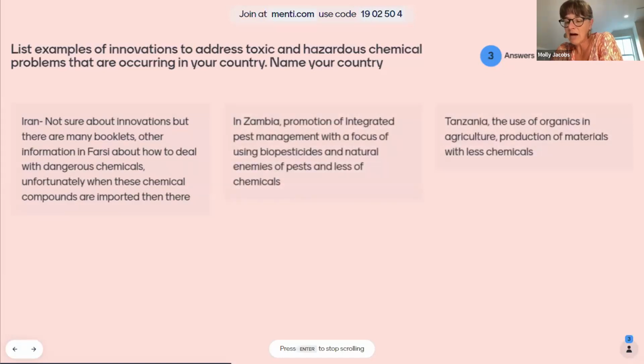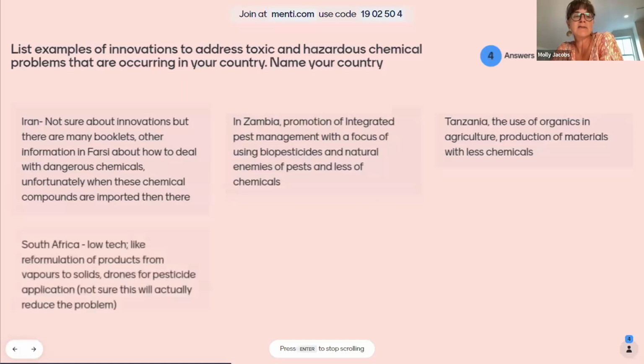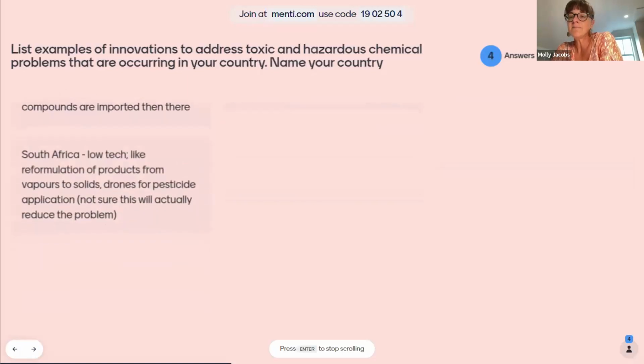I know we've had a lot of experience of just doing fact sheets, and there's a number of resources even through the OECD to support the identification of alternatives for a range of functions. So that knowledge sharing is key. Drones for pesticide application. That's interesting.